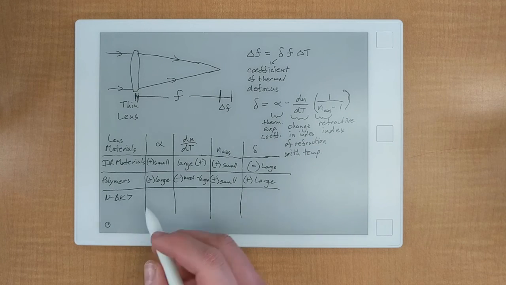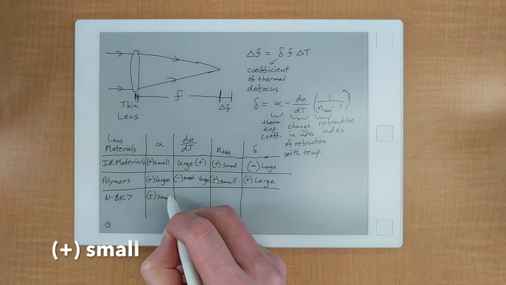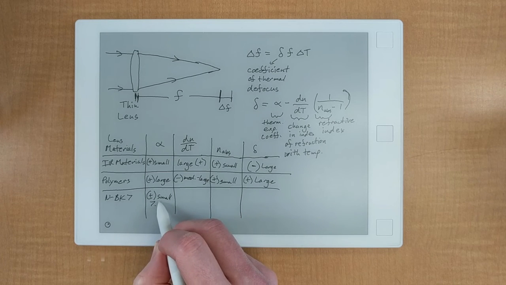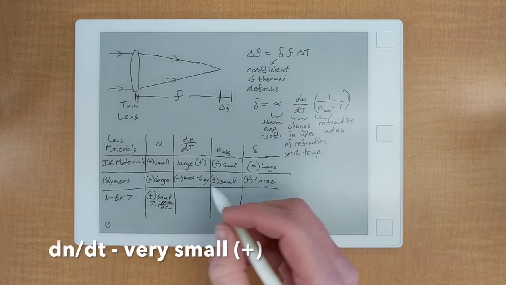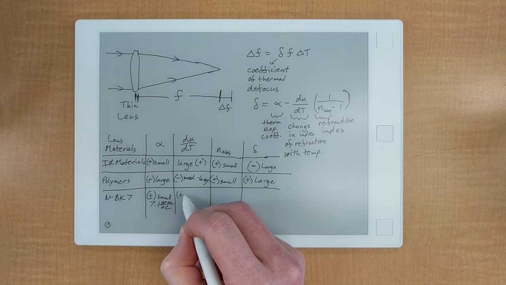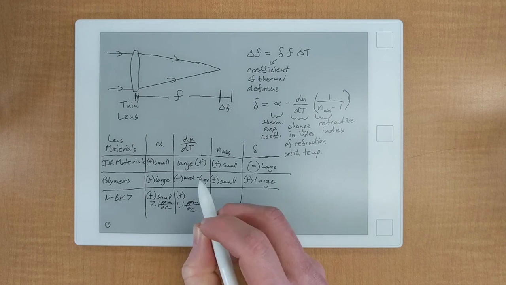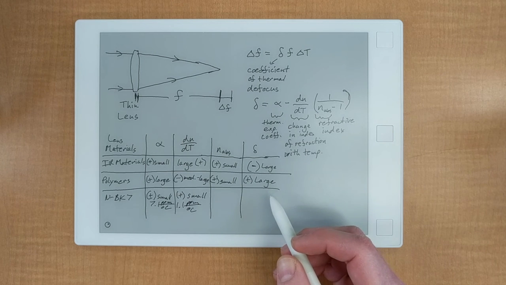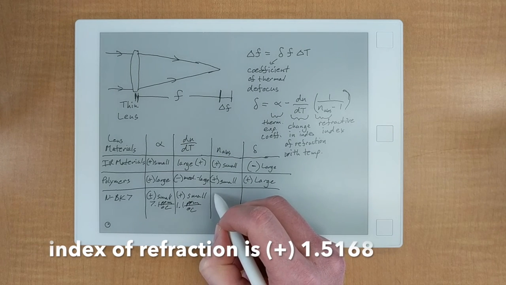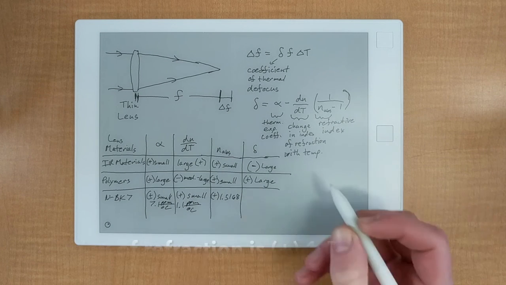Its thermal expansion coefficient is positive and quite small, at 7.1 ppm per degree C. Its dN dT is very small, and positive, at 1.1 ppm per degree C. And its index of refraction is positive, and it is 1.5168.